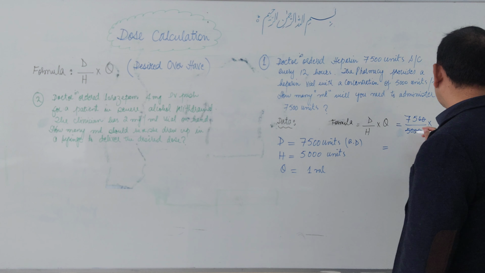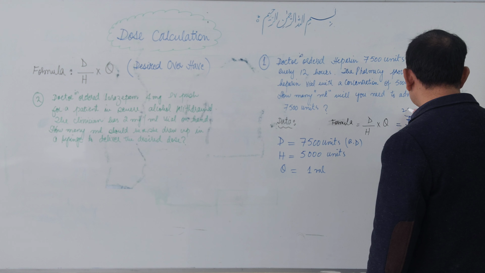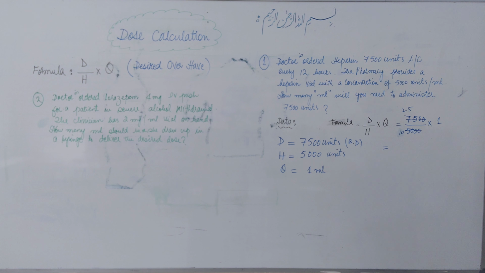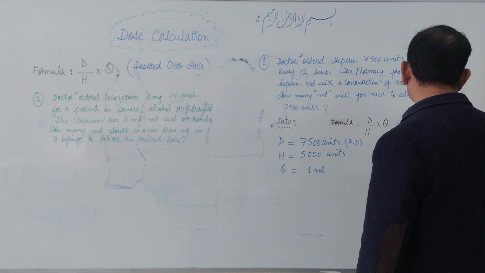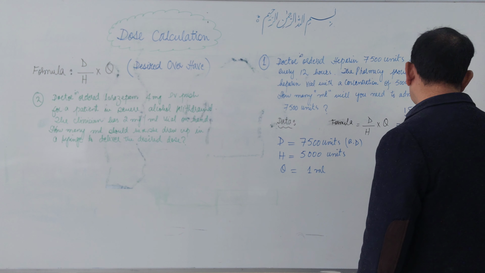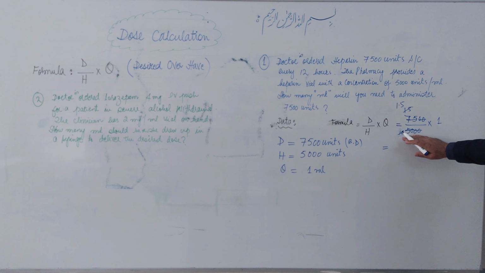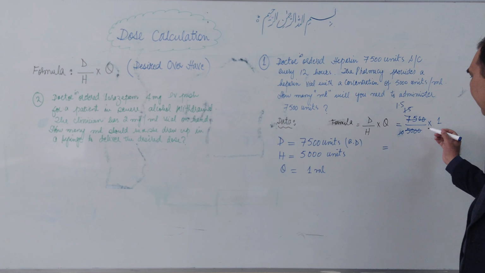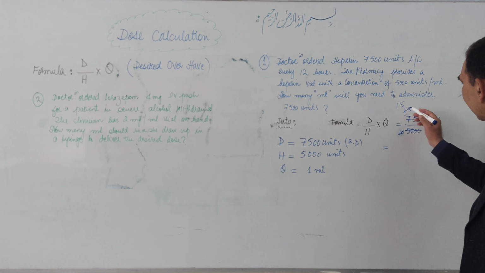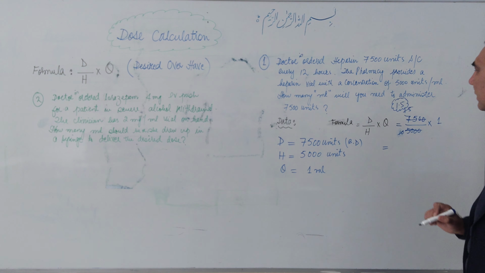When we divide 7,500 by 5,000 units, the answer is 1.5.